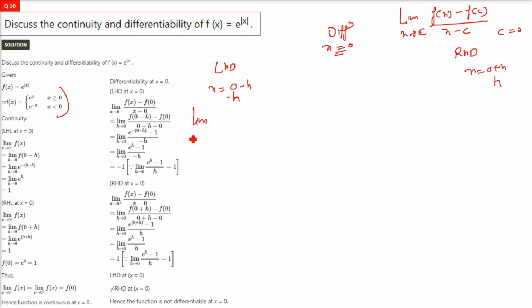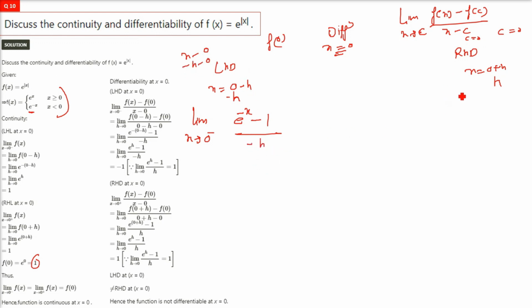So now limit h tends to 0 minus. That's just to show that we are going on the left. And e raised to the power minus x we are going to use, because of course the function says that. And f(0) is what? We have just computed f(0). e raised to 0 is 1. And in the denominator what will be? x minus c, c is 0. So you have just negative h. So just replace it by negative h in the denominator.